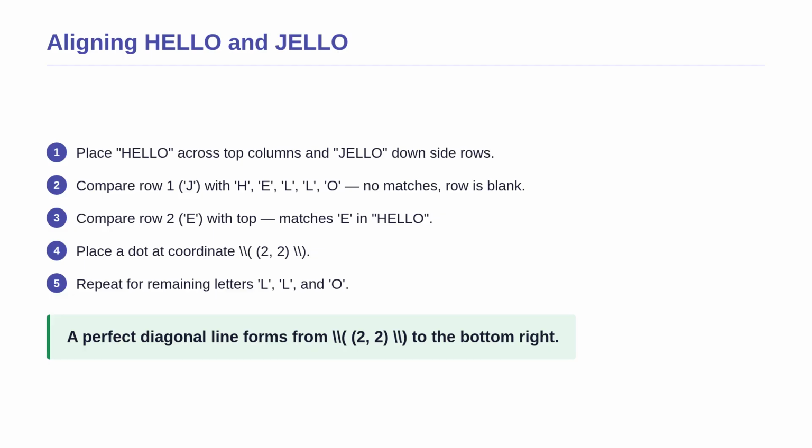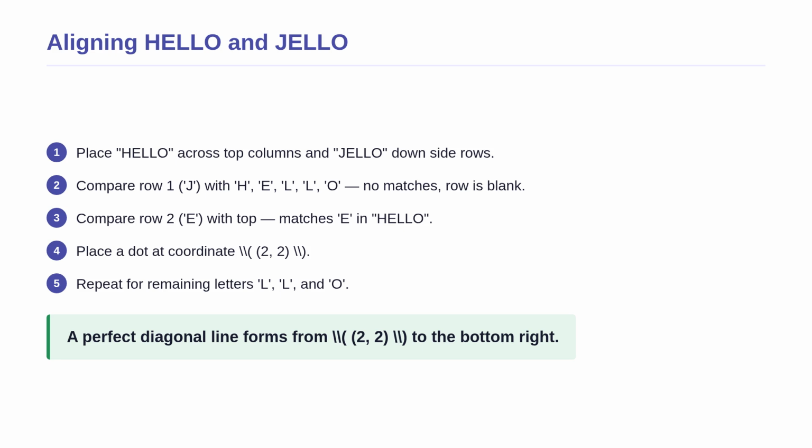Let us see this formula in action with a concrete example. We want to align the word hello with the word jello. We place hello across the top and jello down the side. Starting with the first row, the letter J, we compare it against every letter in hello. There are no matches, so the first row remains completely blank.